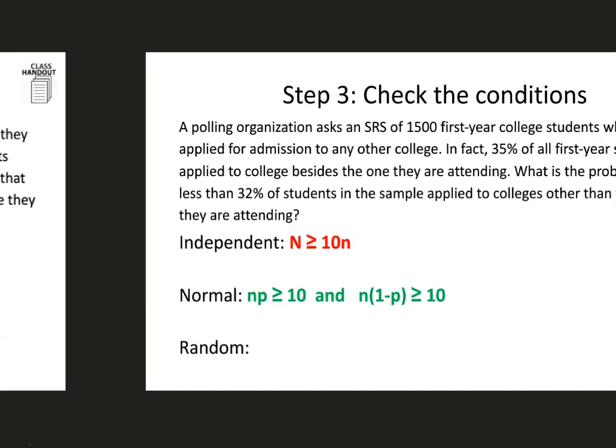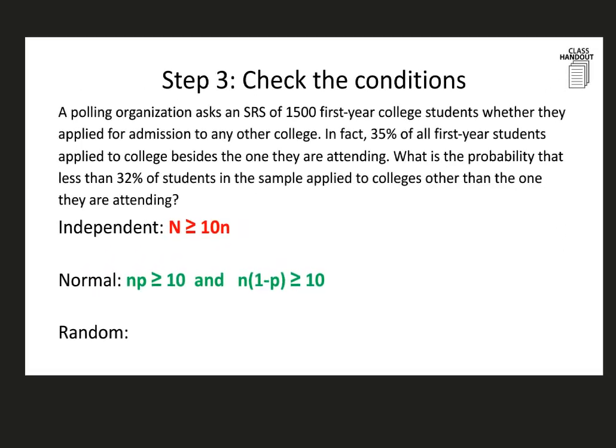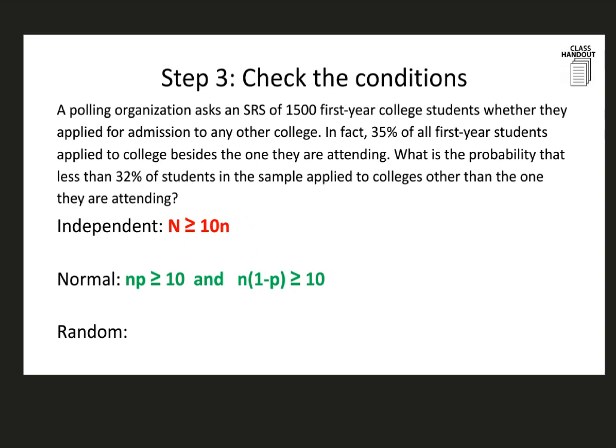Okay. The next step, we need to check our conditions, because in order to use our z-score table, we need to check that our conditions are met. So the first condition is independence, that our population is bigger than 10 times our sample. So again, we don't know how big our population is. However, we can define our population in words. In this case, our population is all first-year students.